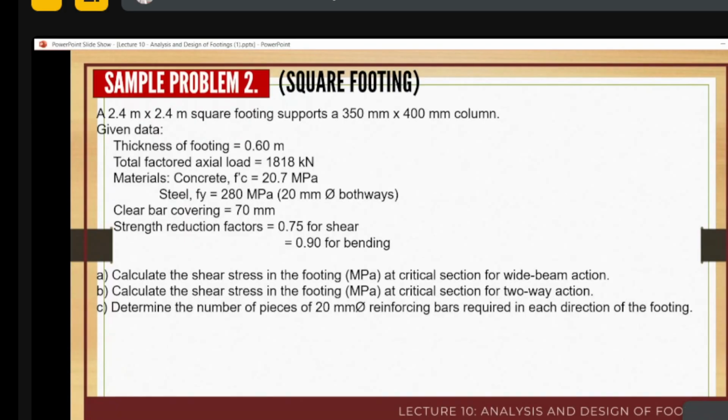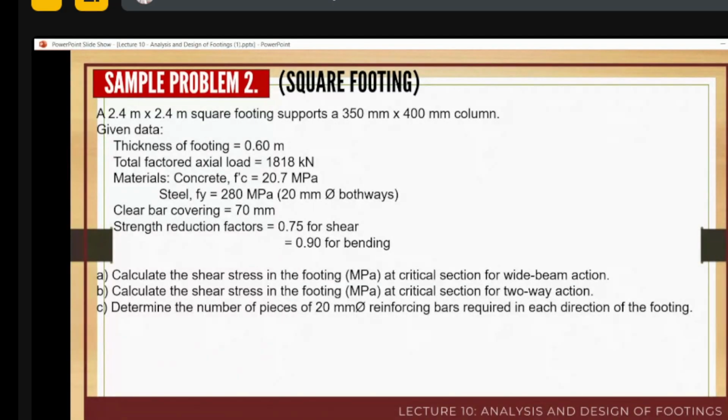Tizon, ma'am. Go ahead. So the other formula is VU is equal to PU, which is the factored axial load, minus QU net times A, which is the inner area. Okay. So, Tizon.